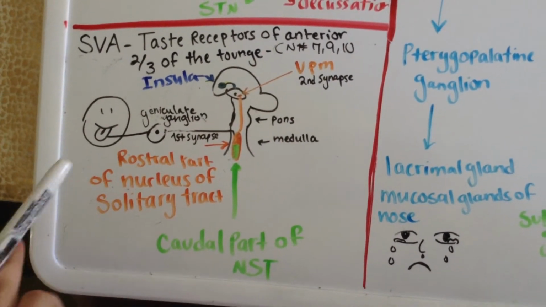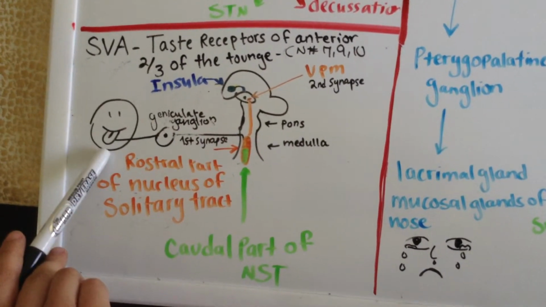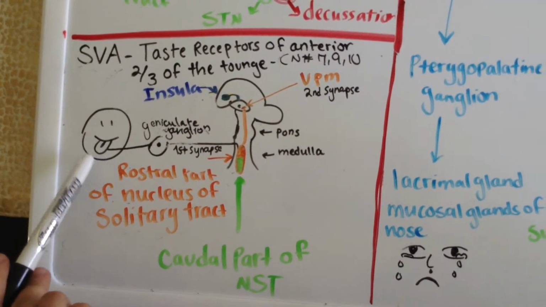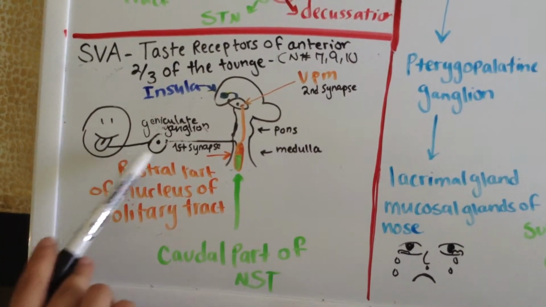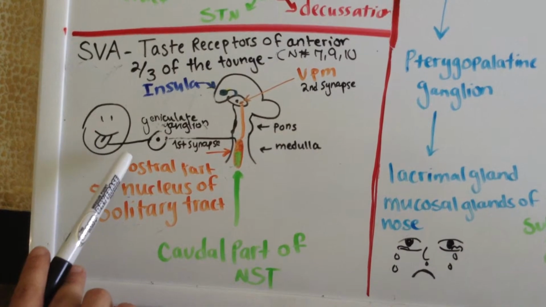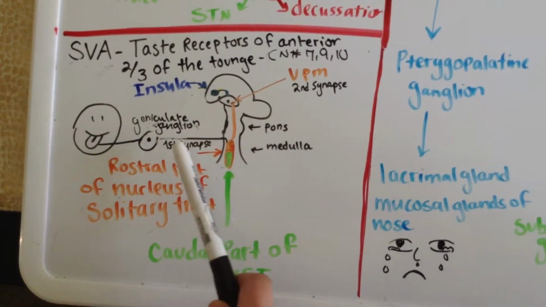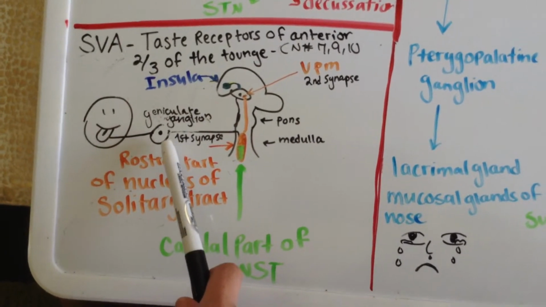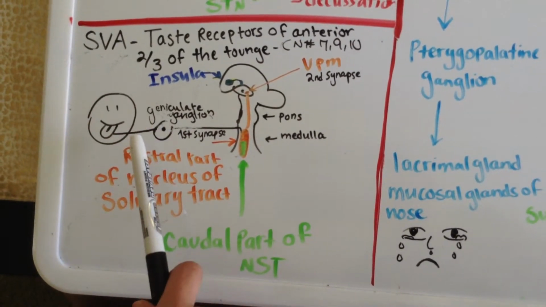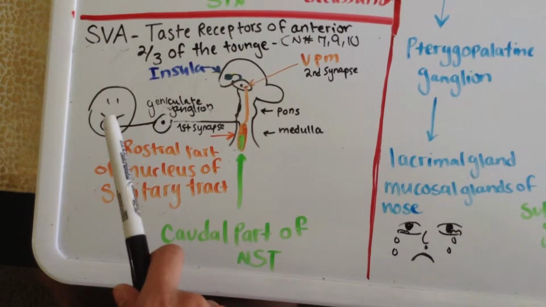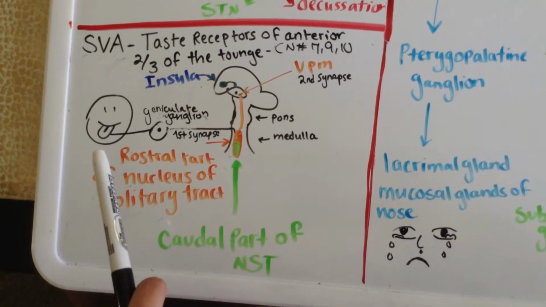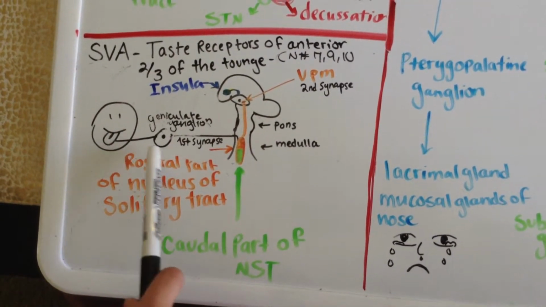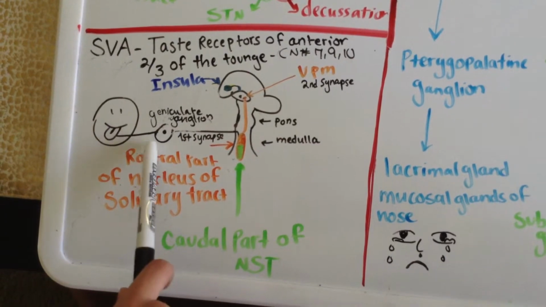And again, these fibers will take the message from taste through their receptors via their axons of the pseudounipolar neurons. Specifically for cranial number 7, facial, the cell bodies are located in the geniculate ganglion. For cranial number 9, it is located in petrosal, and for cranial number 10, it is located in inferior ganglion. So here I only have the facial nerve.